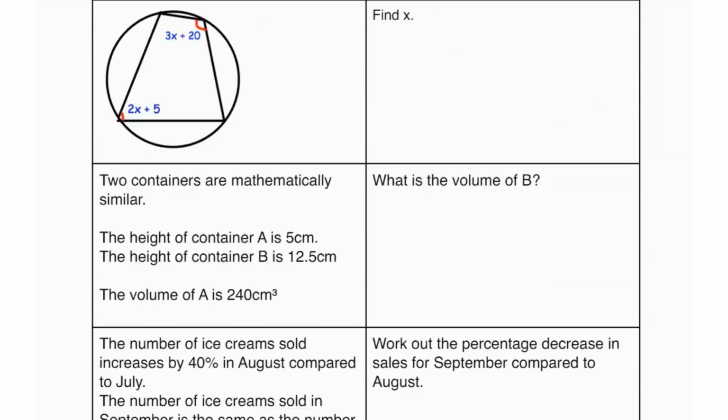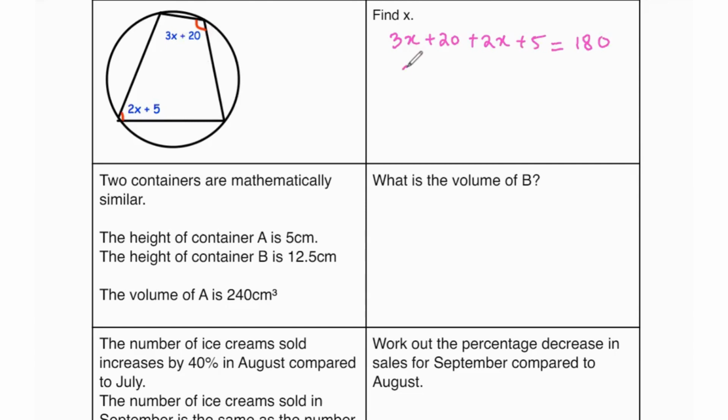Next question says find the value of x. So we have a cyclic quadrilateral inside the circle. The reason why it's a cyclic quadrilateral is because all the vertices are touching the circumference. So one of the rules of cyclic quadrilaterals is that opposite angles add up to 180. So 3x plus 20 plus 2x plus 5 would equal 180.